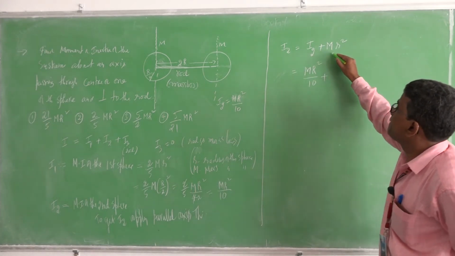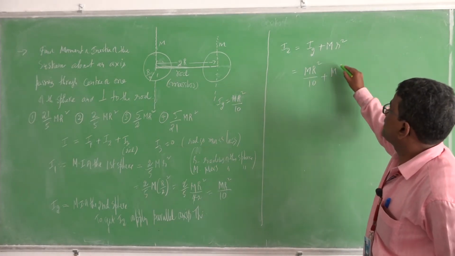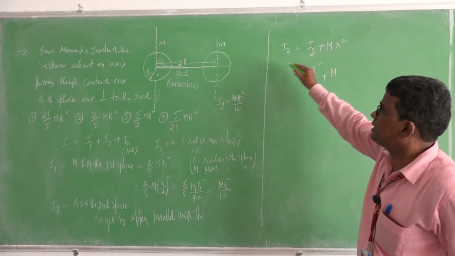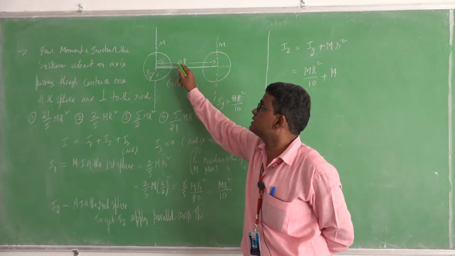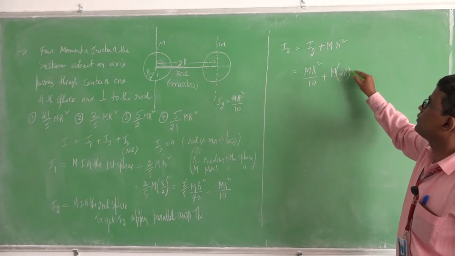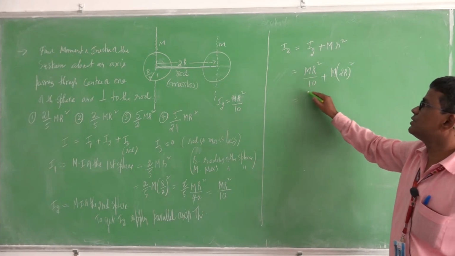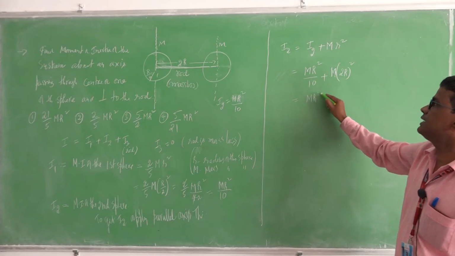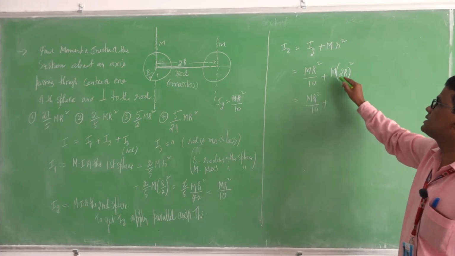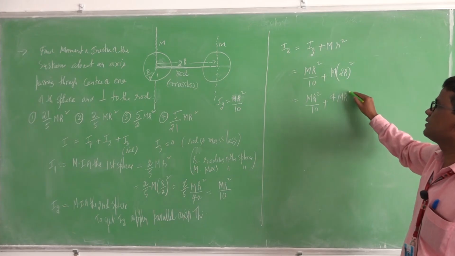Plus m r square, where r is the perpendicular distance between the two axes, that is 2r. 2r whole square is 4r square. So that is m r square by 10 plus 4 m r square.